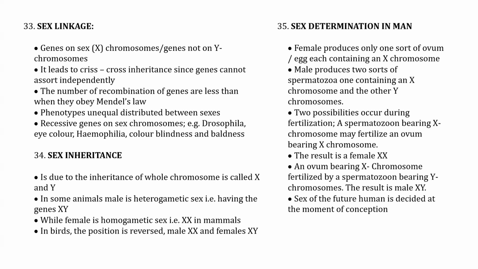A spermatozoa that has X chromosome, once it fertilizes the X chromosome from the female, you will have a female, which is XX. But if the spermatozoa carrying chromosome Y fertilizes the X chromosome in the ovum, then you are going to have a male child, which is XY. So the sex of the future human is decided at the moment of conception.